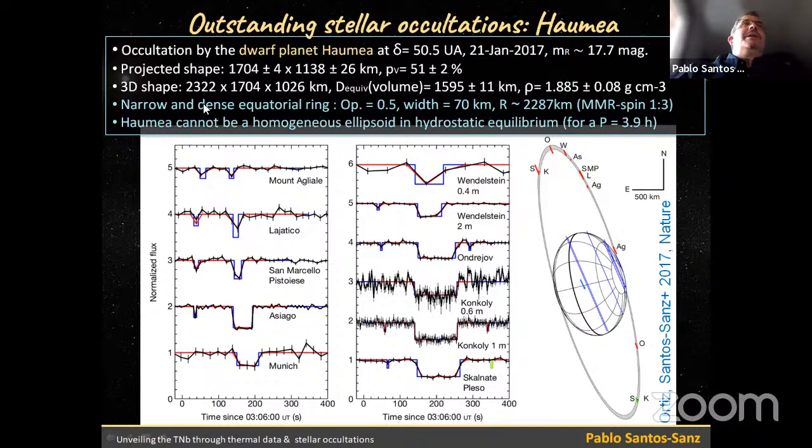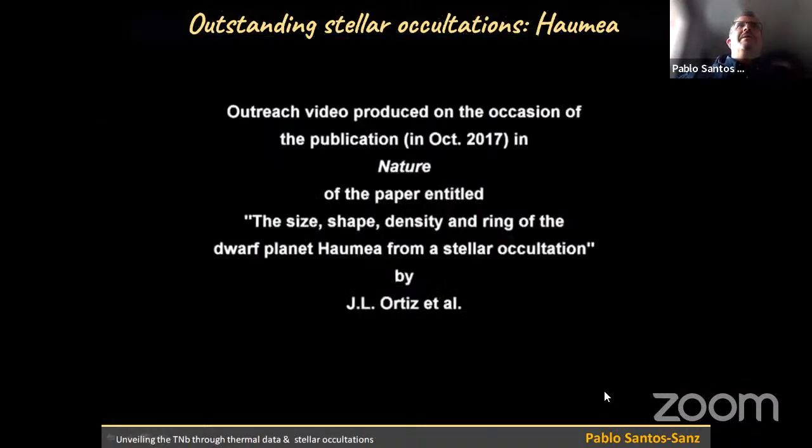Well, taking into account the 3D shape that we obtain, Haumea cannot be a homogeneous ellipsoid in hydrostatic equilibrium for the rotation period of Haumea. Here you can see the different light curves of the occultation, and how they fit to this ring.